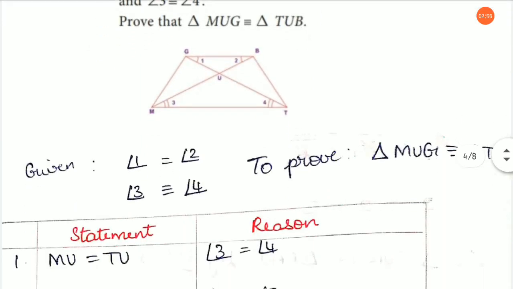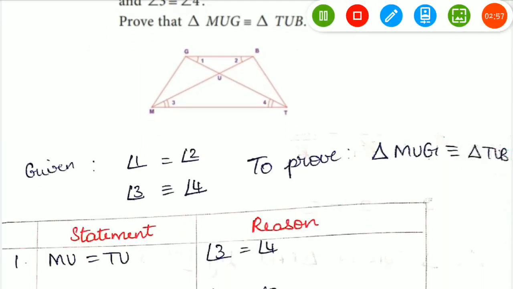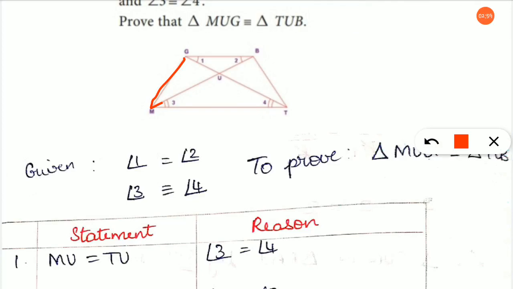Now, first, in order to prove these two triangles are same, you are going to check the angles with each other. Okay, now we already know these two angles are always going to be the same. Why is it same? Because it is vertically opposite. So one angle is same.